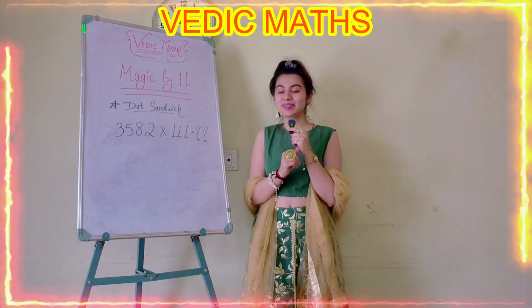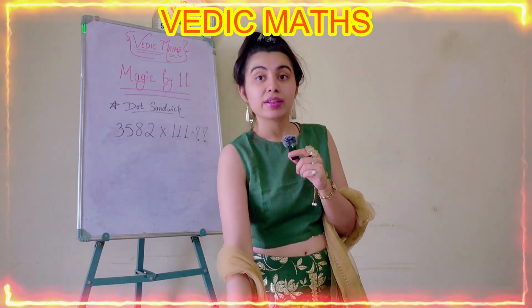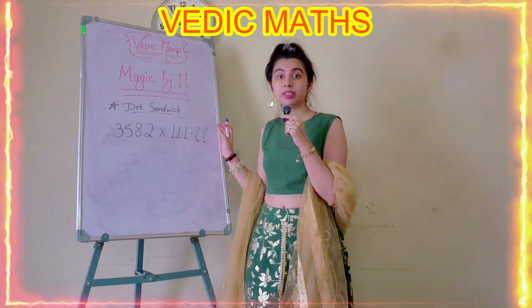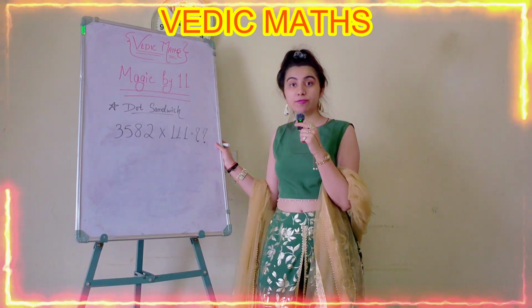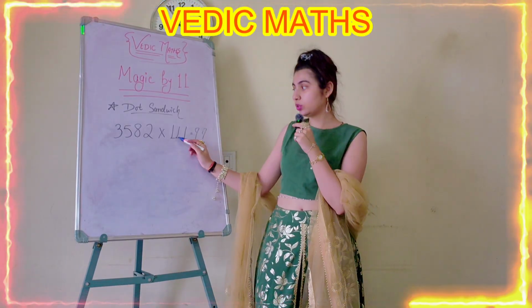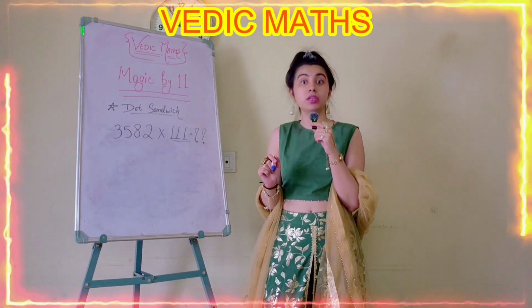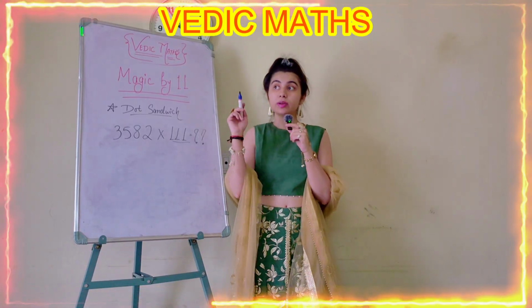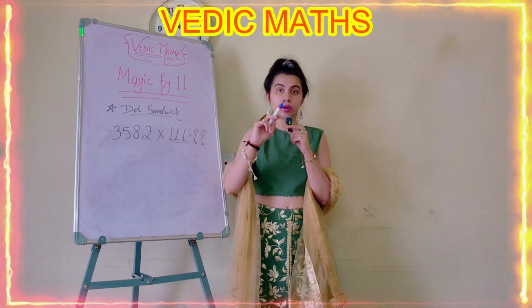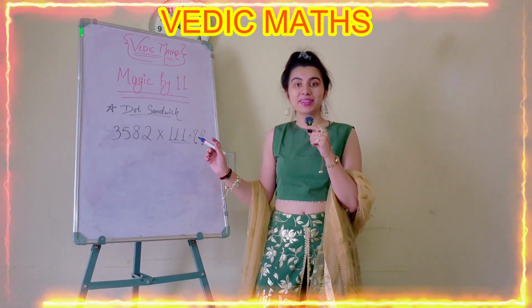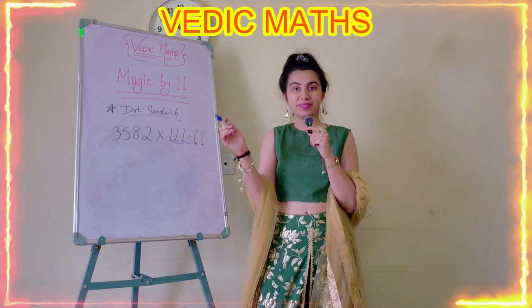Now we have to multiply 3582 by 111. When 111 comes, the dots increase. For 11, the number was sandwiched between one dot on each side.